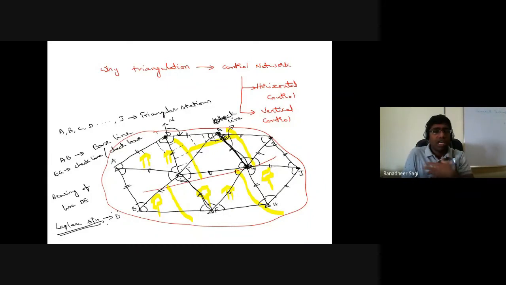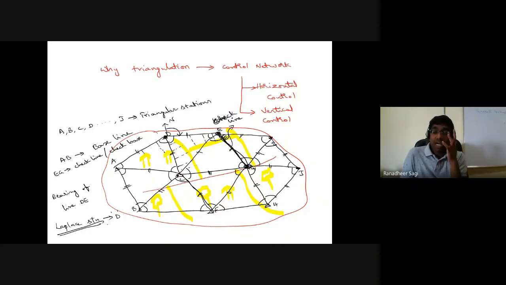That area could be a complete district, a complete state, or the complete country itself. The area for which we prepare the triangulation network is what we call your control network.